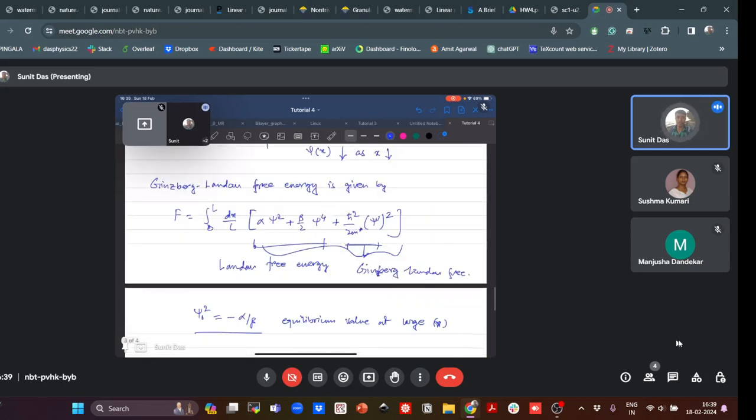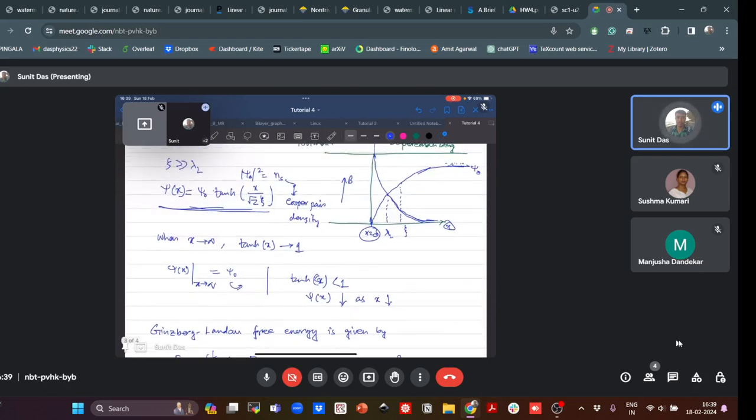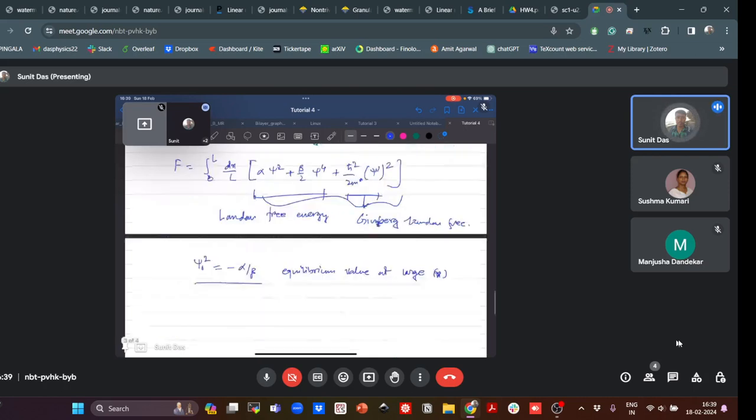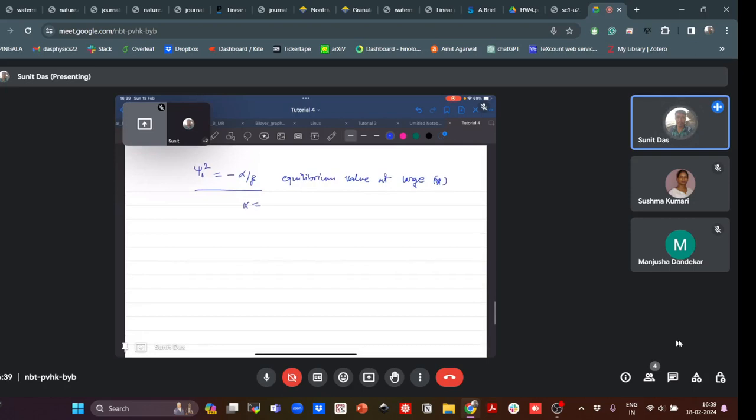Because if you are well within the superconductor, psi 0 is the constant value, and psi 0 squared is given by minus alpha by beta. And alpha we considered as alpha times T minus Tc, and beta is essentially constant, not a function of temperature.